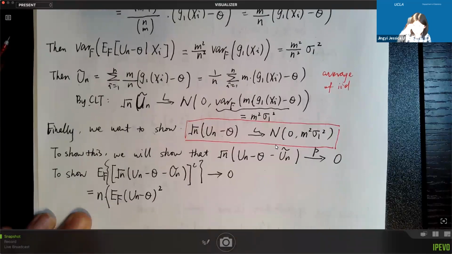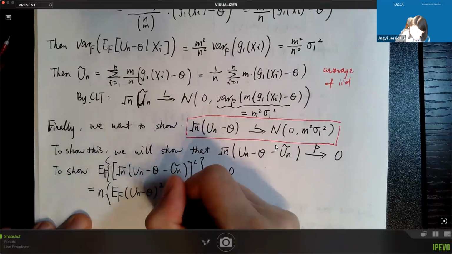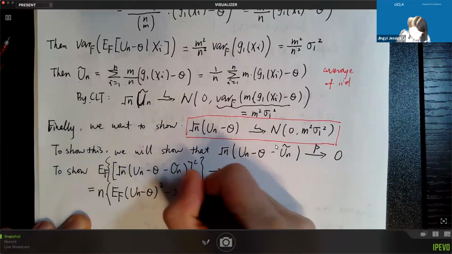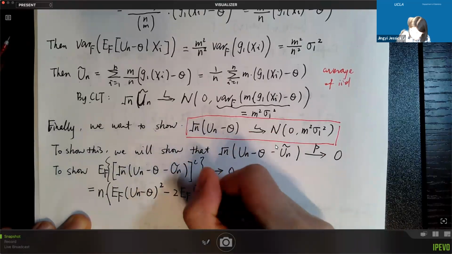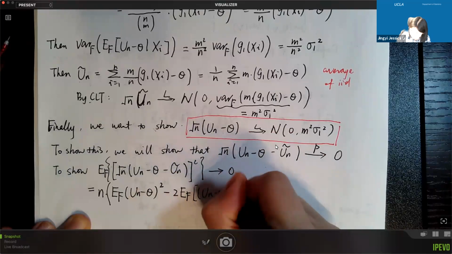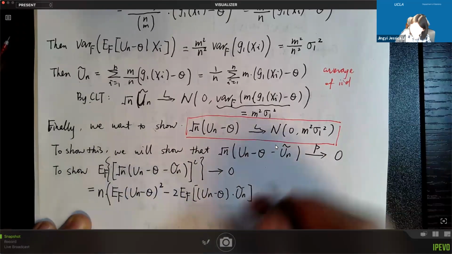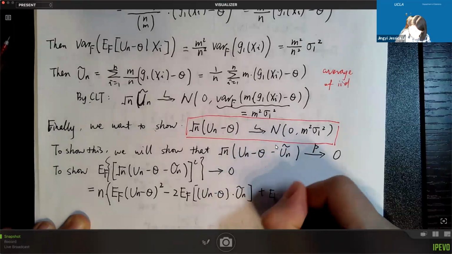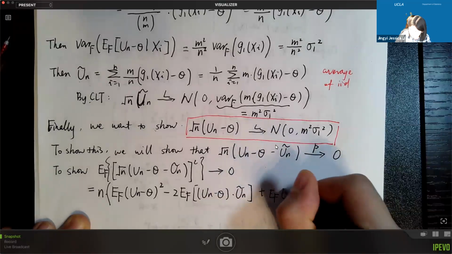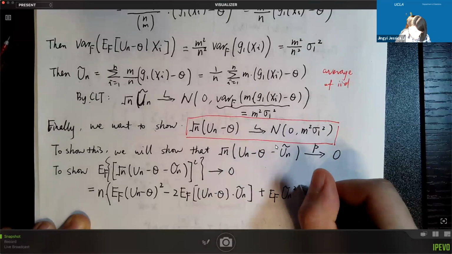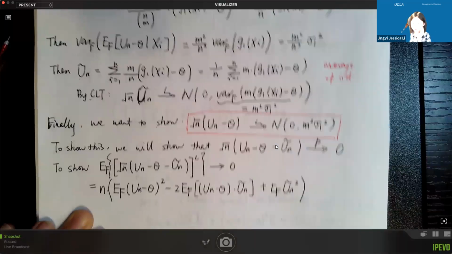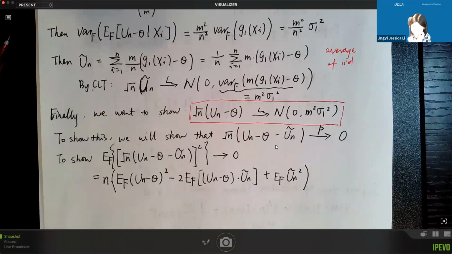That's the first term. Then we have minus 2 times the expectation of (Un minus theta) times Un tilde. That's the second term. And the last term is the expectation of Un tilde squared.